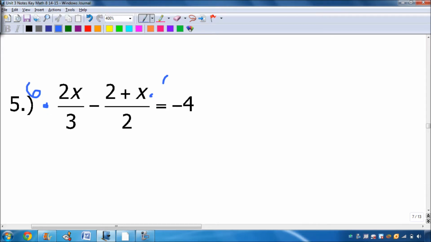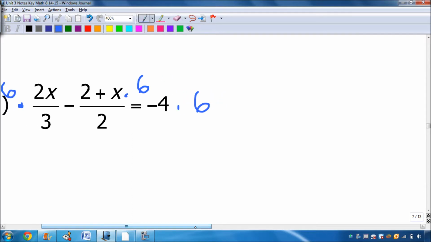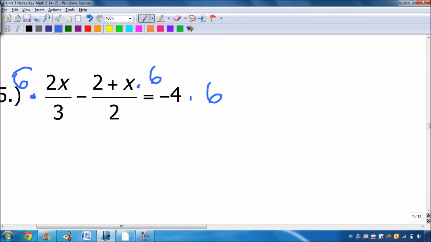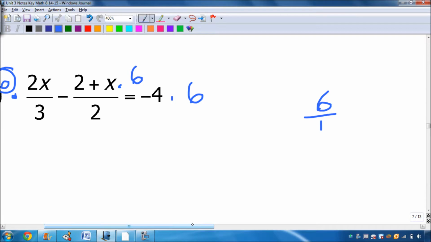But now this is where things get tricky. I want you guys to write this down on the side so you don't get confused by this. See this 6 right here? I'm going to multiply 6, but the denominator is 1 technically, right? So I'm going to multiply 6 over 1 by 2x over 3. Okay? Well, this 6 and this 3 both are divisible by 3.